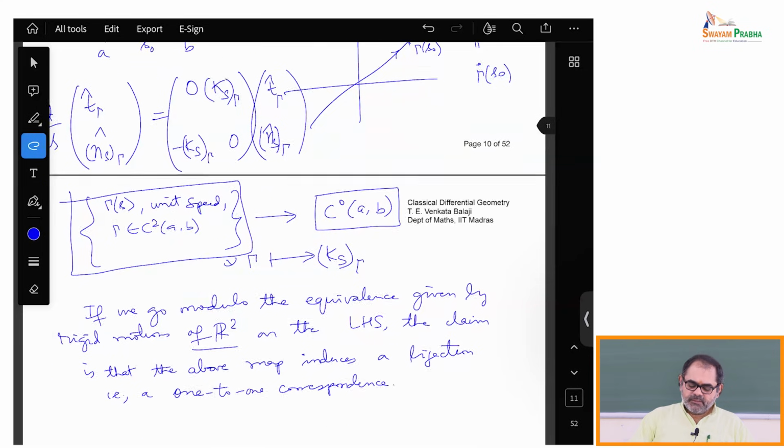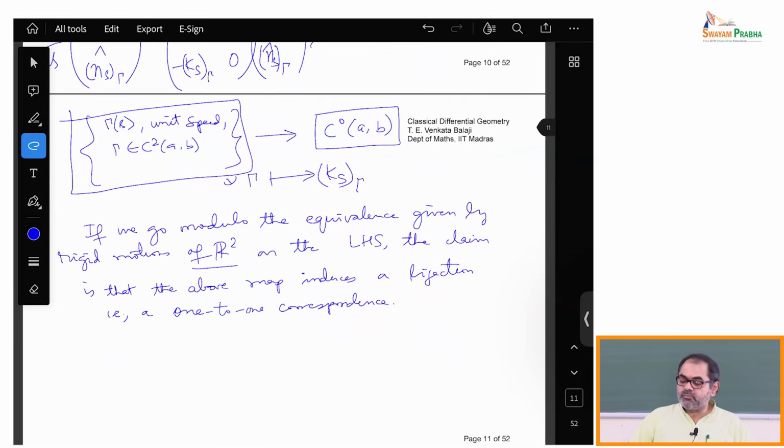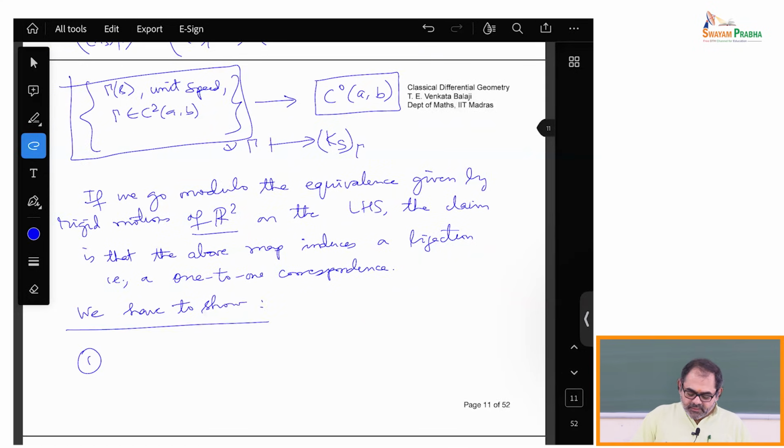So basically what is it that you have to prove? What does this entail one to prove? We have to show, suppose gamma 1 is equivalent to gamma 2 under a rigid motion M. What does it mean to say that you are going modulo the equivalence relation?